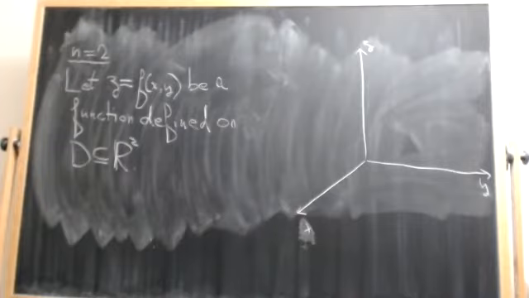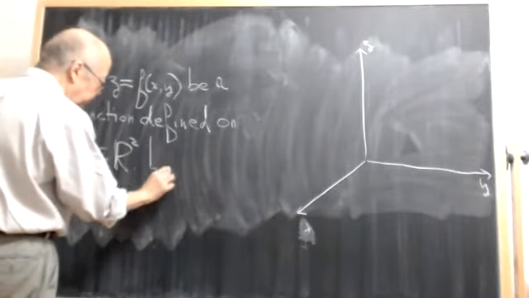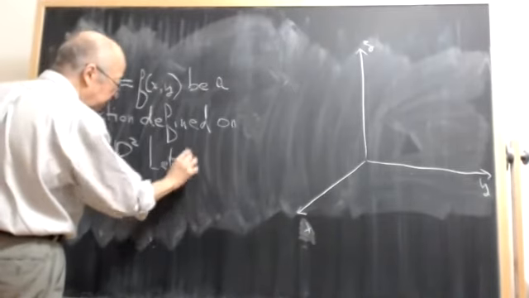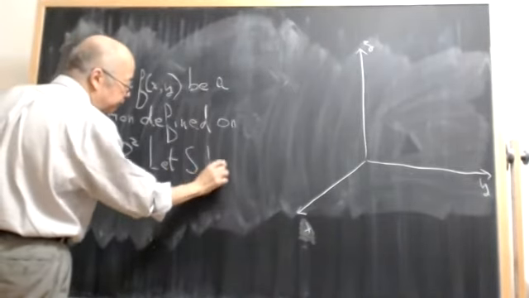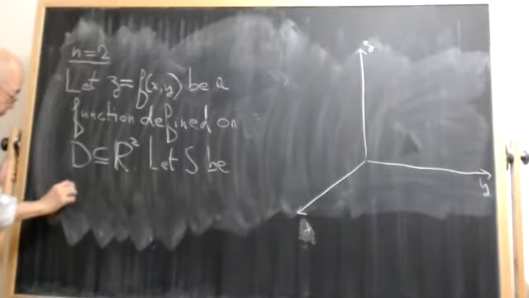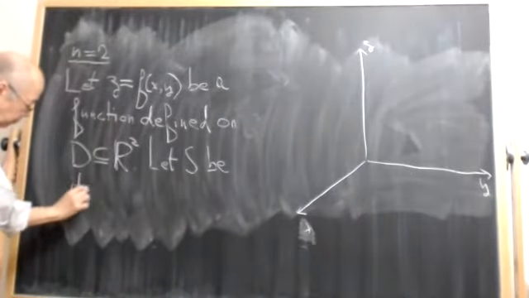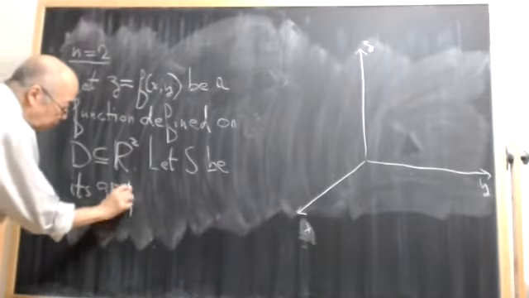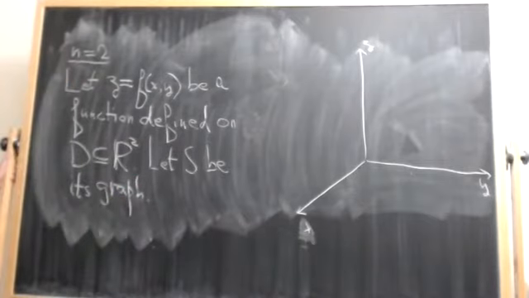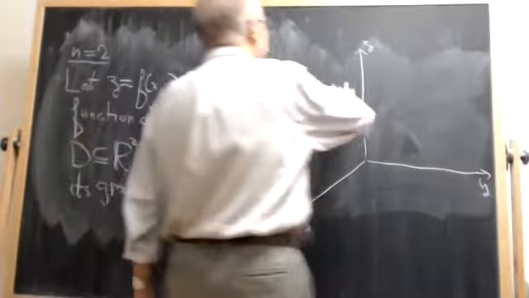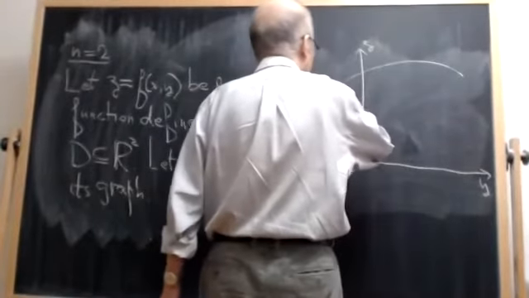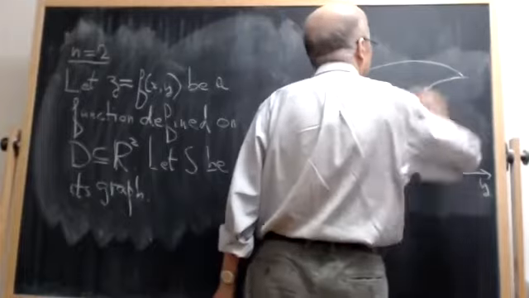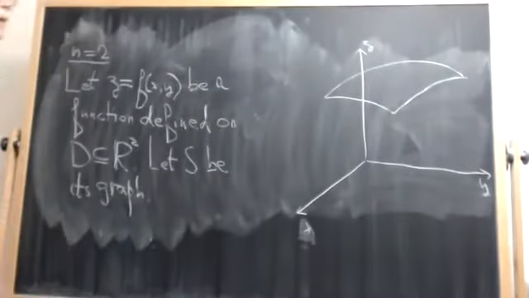Now, we let S be its graph, which is a surface in R3.